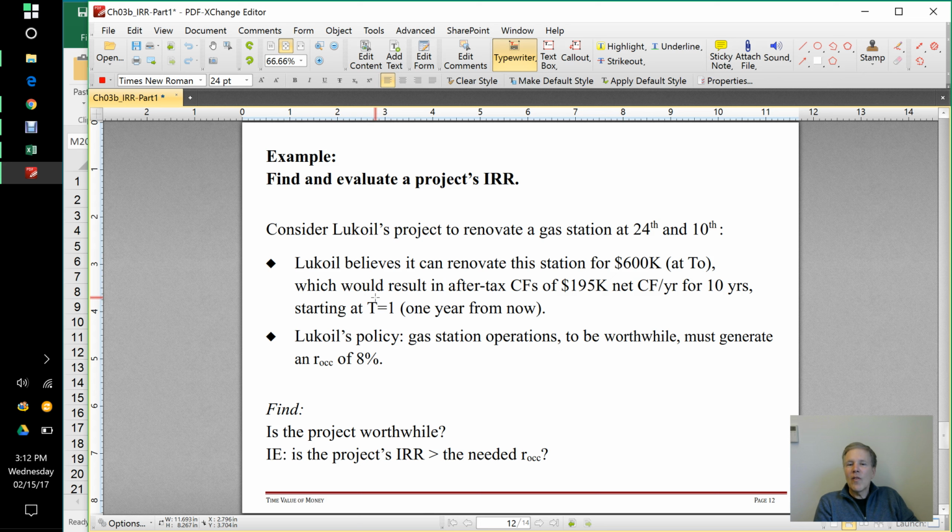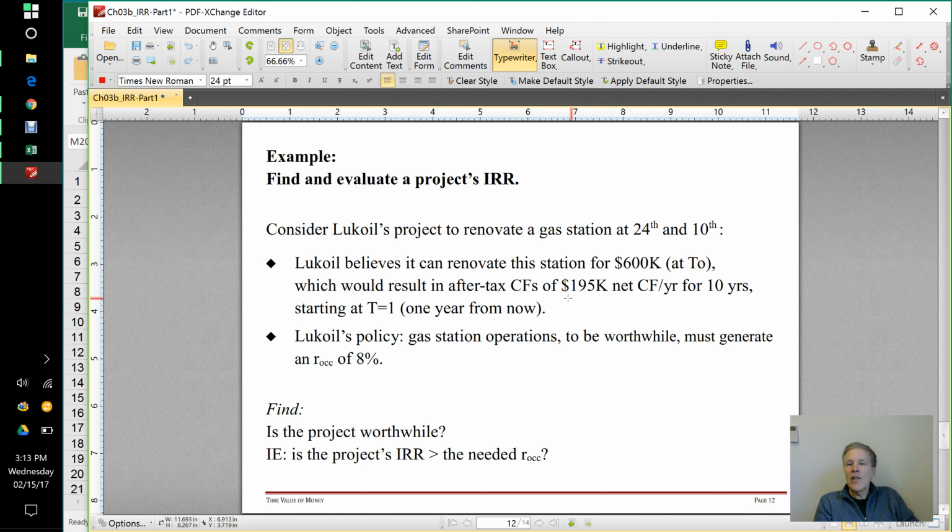If they do this renovation, that's going to result for them in after-tax cash flows, positive cash flows of 195,000 per year for 10 years, starting at t equal 1. So the way it's going to work is they're going to renovate instantaneously, assuming they can do the whole thing in a nanosecond, starting right now.